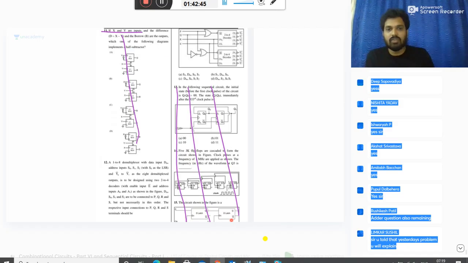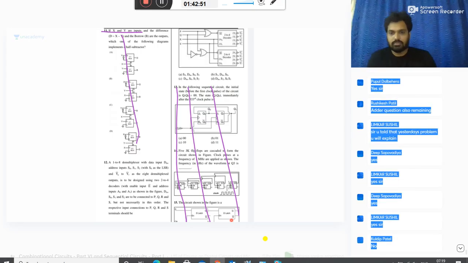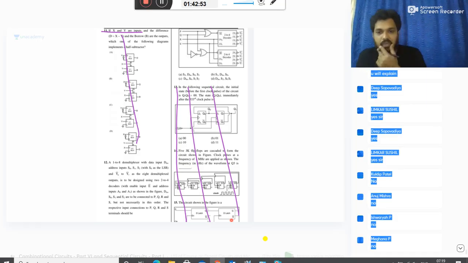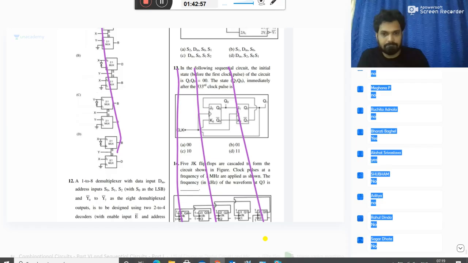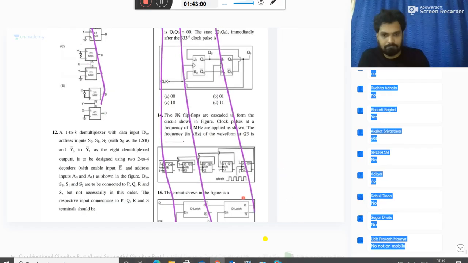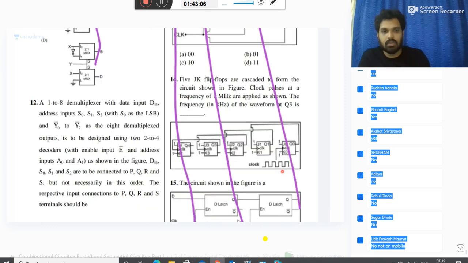Without zoom, is it visible for you? Yeah, just go through that. If you don't have a laptop, it may not be visible. Just read these lines.